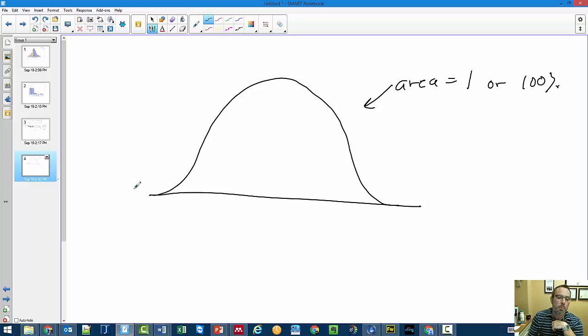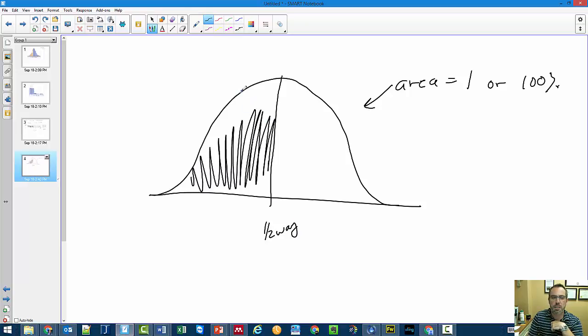We are going to be able to say, well, in this one right here, because it's perfectly symmetric on both sides, if this is halfway through whatever the data is, then the area over here, when we use calculus to figure out the area, is going to equal 1/2 or 0.5 or 50%. All right. So I think you can start to get an idea of some of the things that you're going to be using this to find.